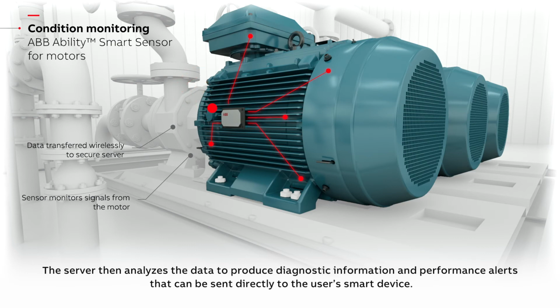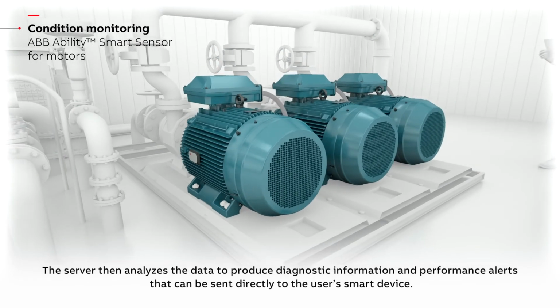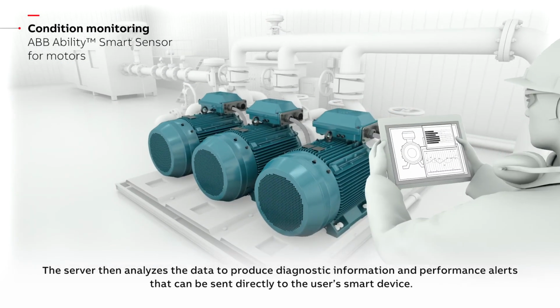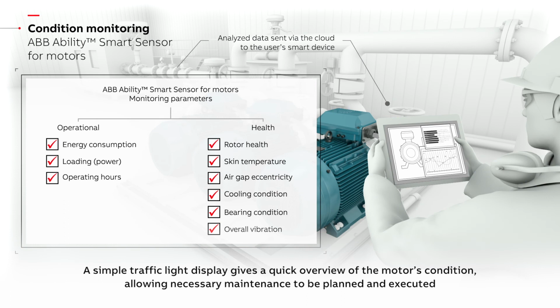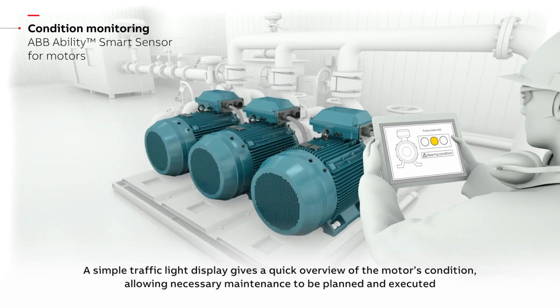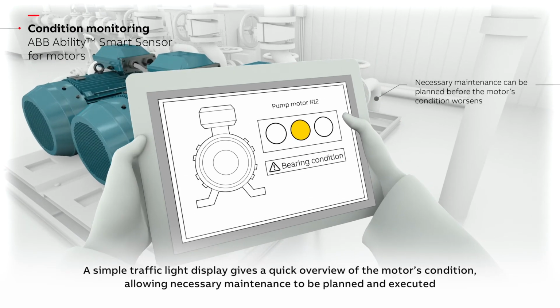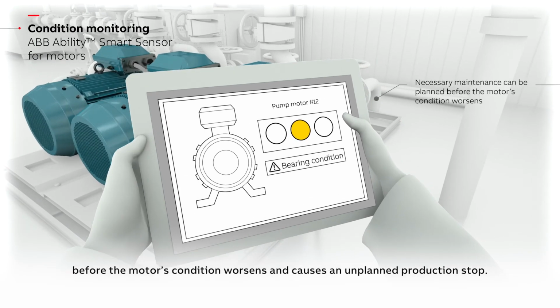The server then analyzes the data to produce diagnostic information and performance alerts that can be sent directly to the user's smart device. A simple traffic light display gives a quick overview of the motor's condition, allowing necessary maintenance to be planned and executed before the motor's condition worsens and causes an unplanned production stop.